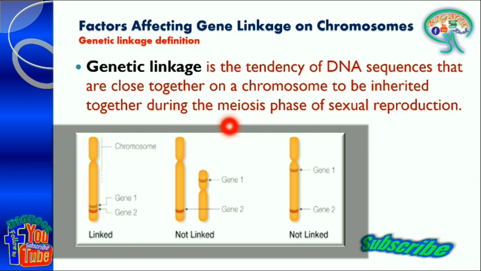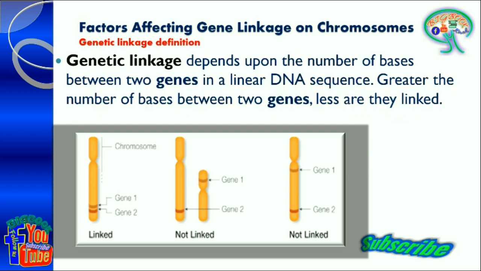In this definition, it can be an expressive DNA sequence that is close together on a chromosome to be inherited, and it depends upon the number of bases between two genes in a linear DNA sequence. Now, when they explain that between the two genes there are DNA sequences, the whole chromosome is of the DNA sequence itself.